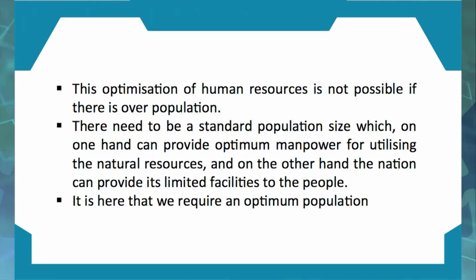In other words, there needs to be a standard population size which on one hand can provide optimum manpower for utilizing the natural resources, and on the other hand, the nation can provide its limited facilities to the people.